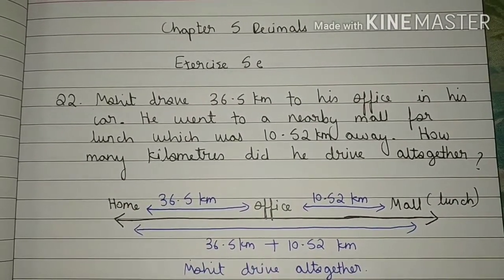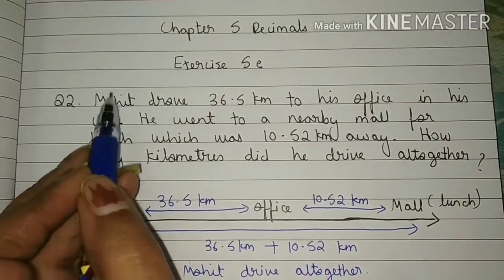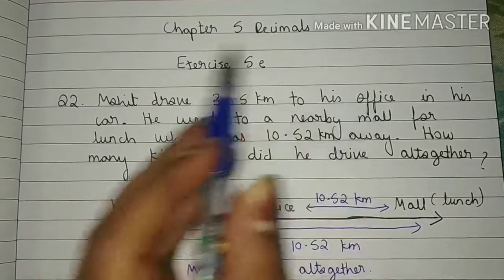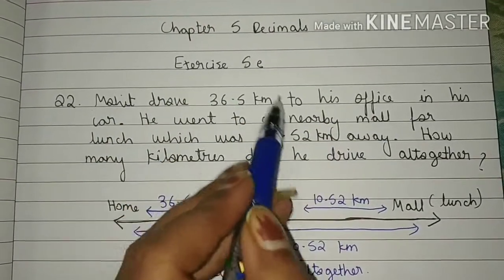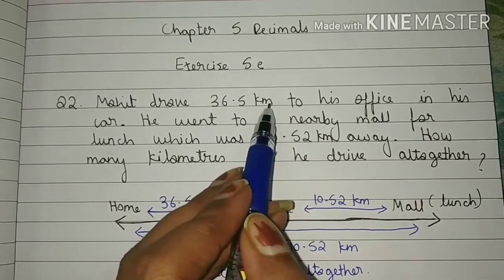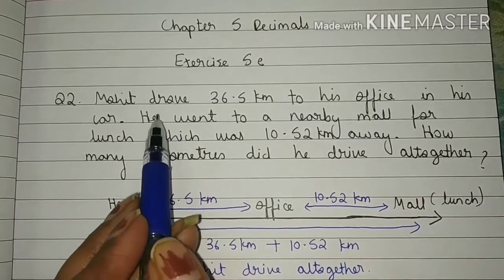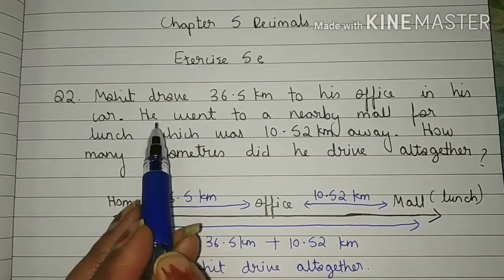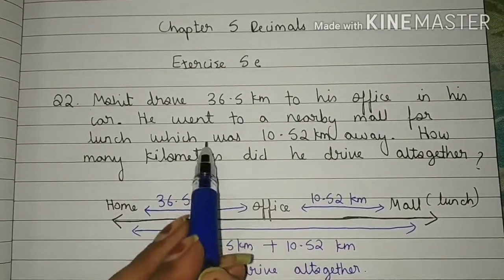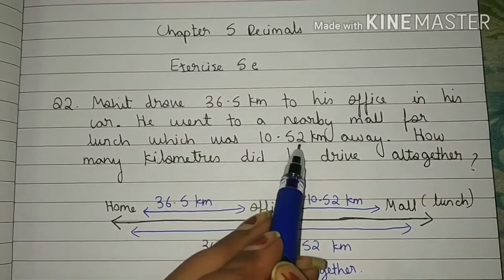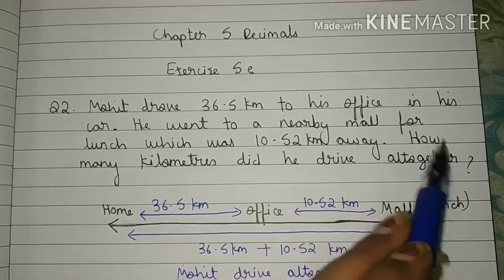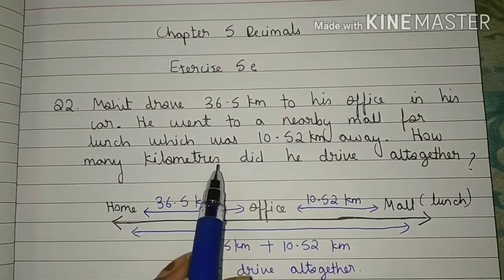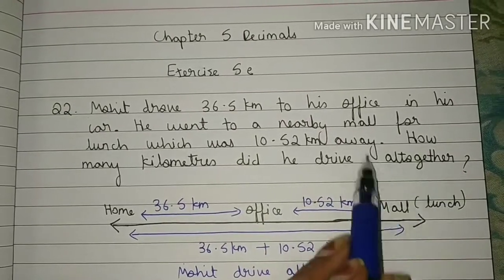Students, again I am repeating this question. Mohit drives a car and goes to his office. So from home to his office, he drives a car 36.5 km. After that, he went to a mall for lunch. So from office to a mall, he drives a car 10.52 km. You have to find out the total kilometers Mohit drives altogether.